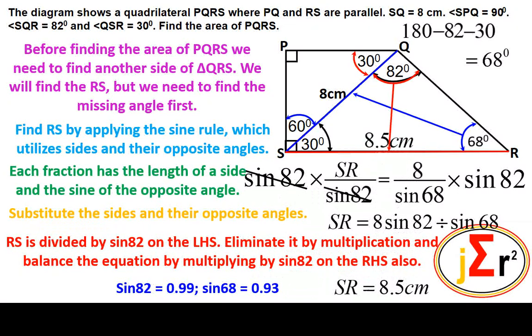As a matter of fact, we do not need to do these separately because the calculators that we have these days allow us to say sine 82 divided by sine 68 in one step, which in an examination is going to be time and space efficient. So SR is equal to 8.5 centimeters, and we are ready to find the area of the figure, and we will do so on subsequent audiovisuals.